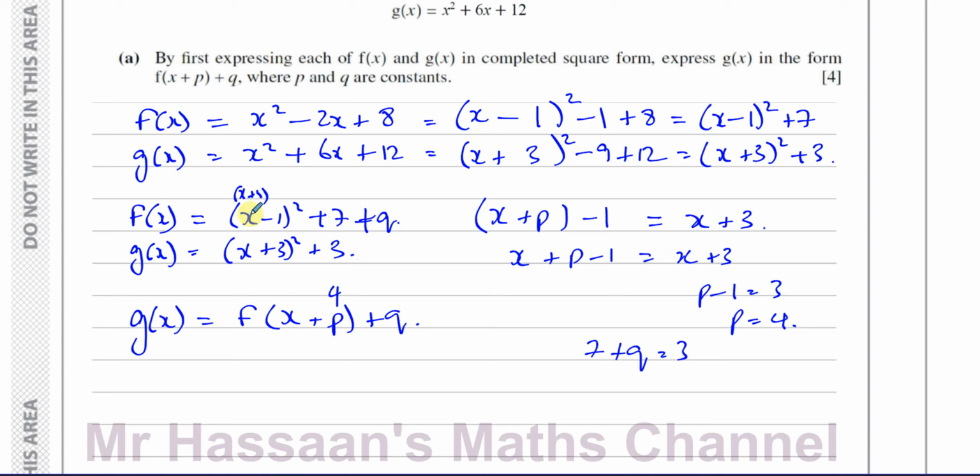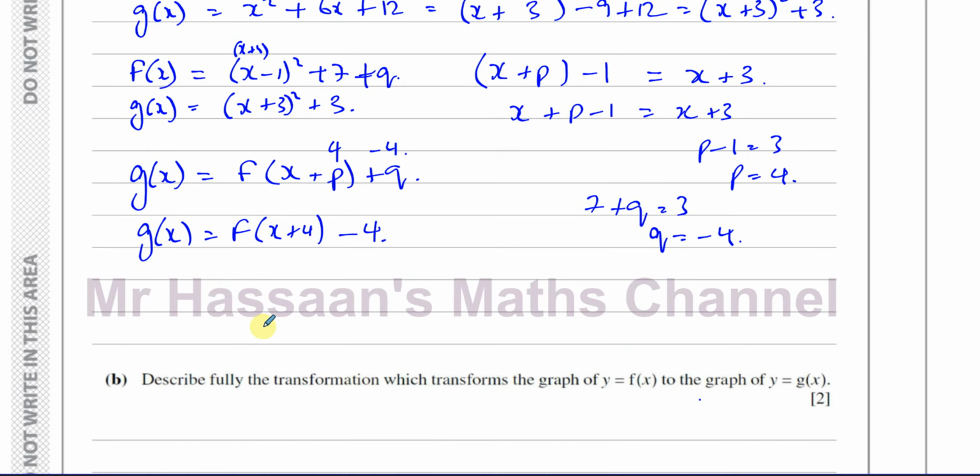So I replace this x with x plus p, that's what I did, and then we add q to the whole thing. If I add q to the whole thing and end up with 3, that means 7 plus q equals 3, so q is equal to negative 4. So I can say that g of x is equal to f of x plus 4 minus 4. And we can check to see if it's actually the answer.